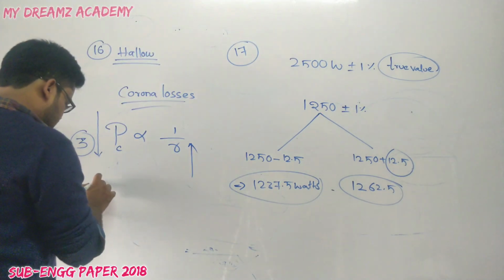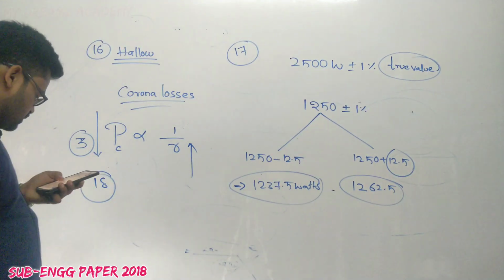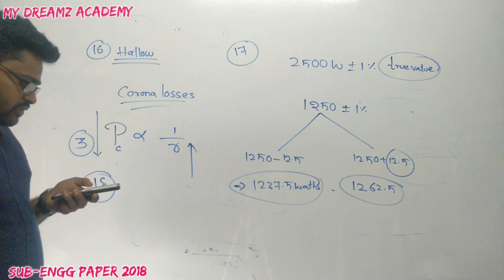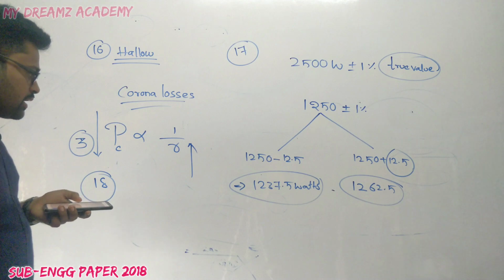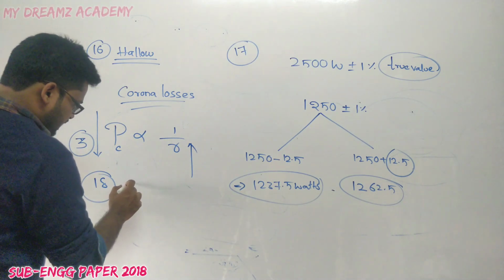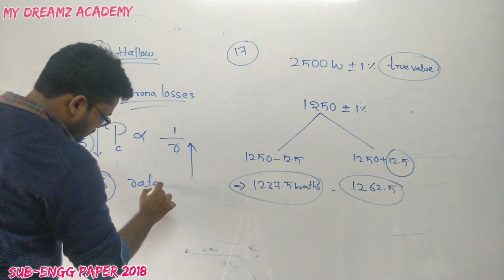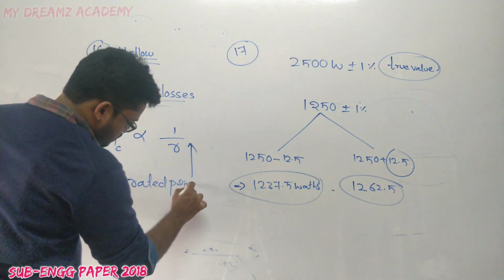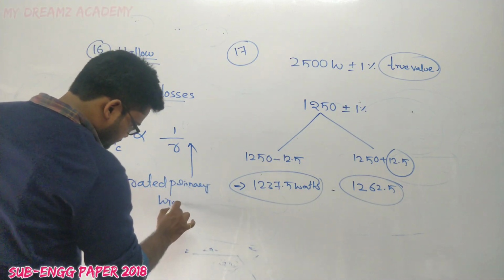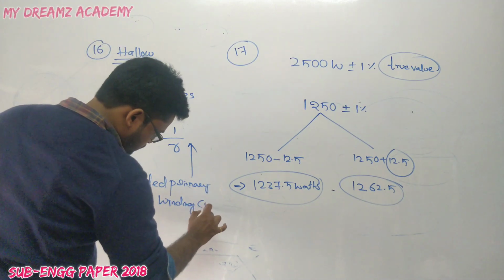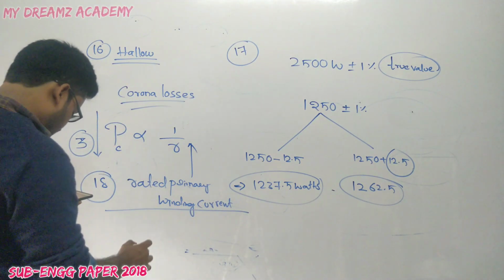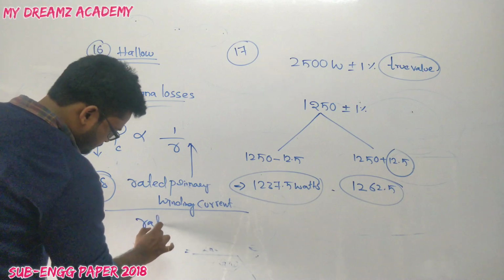Next question, that is the 18th question. This question is from the current transformer. The nominal ratio of the current transformer is rated primary winding current divided by rated secondary winding current.